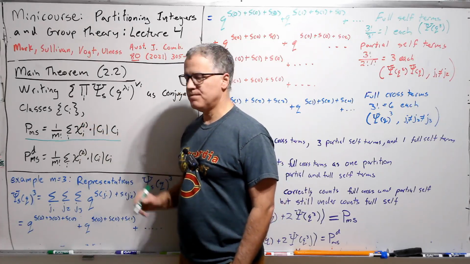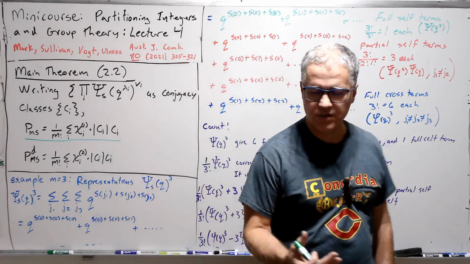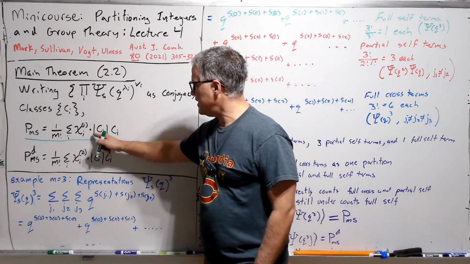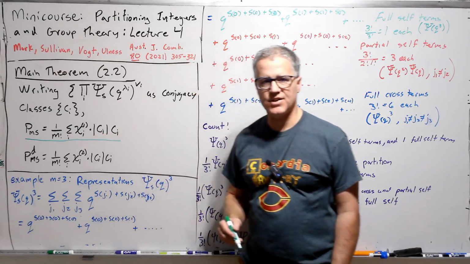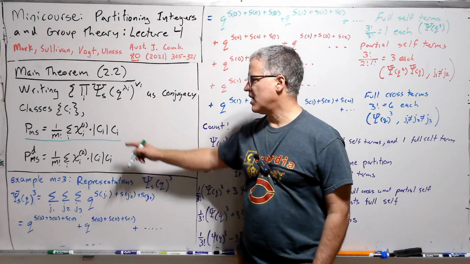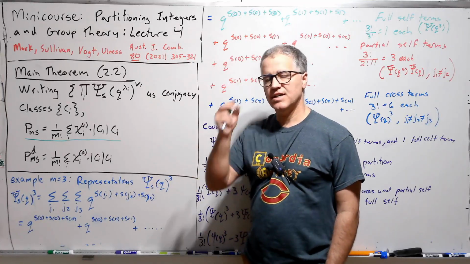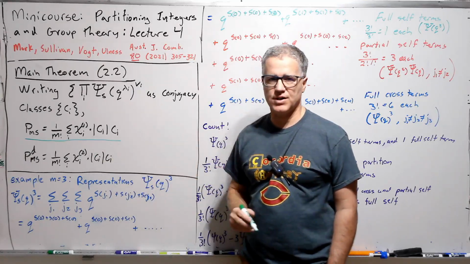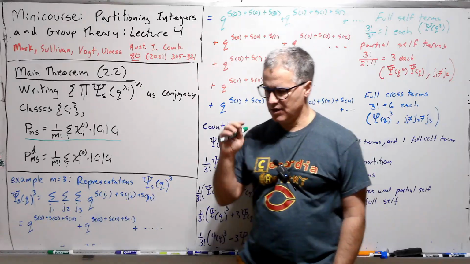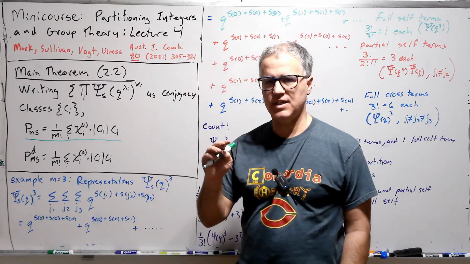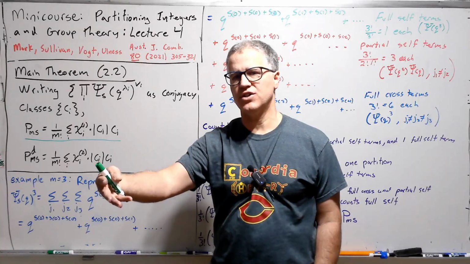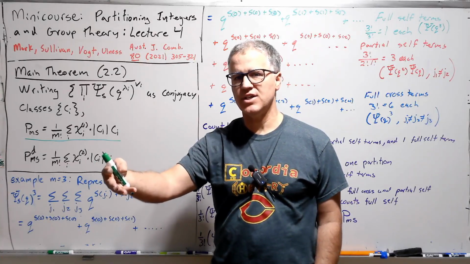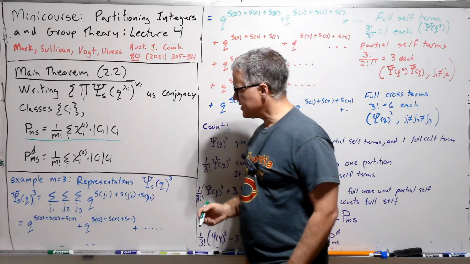So we'll take the trivial irrep, so always 1, times the size of the conjugacy class times the conjugacy class, and that will give us the generating function for the partitions. It allows us to cast the partitions in terms of the generating function for the representations, but a much more elaborate formula is needed.